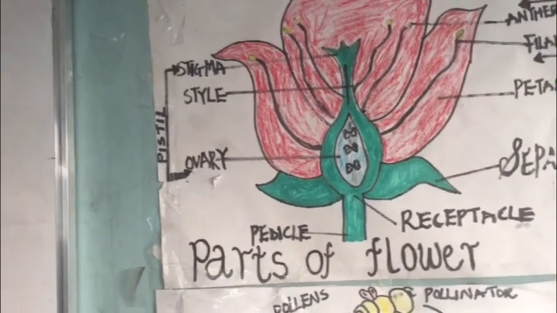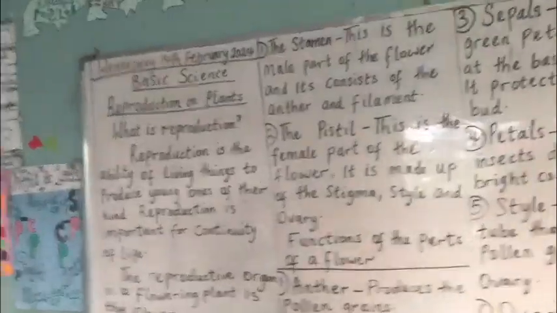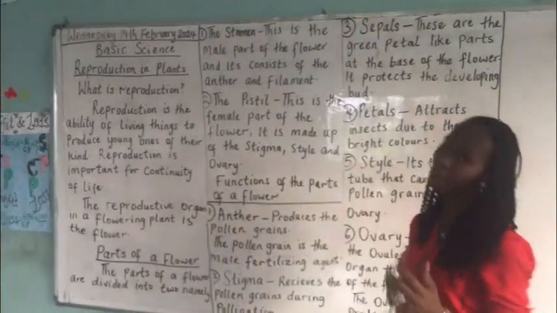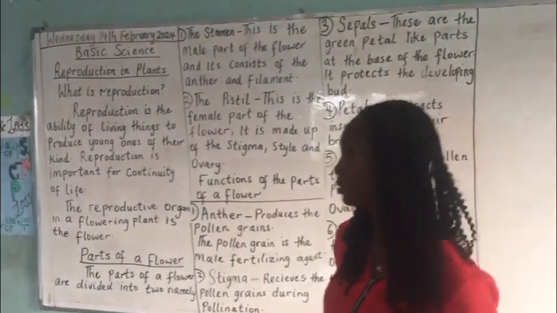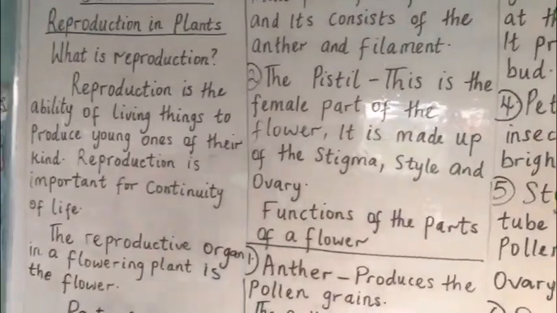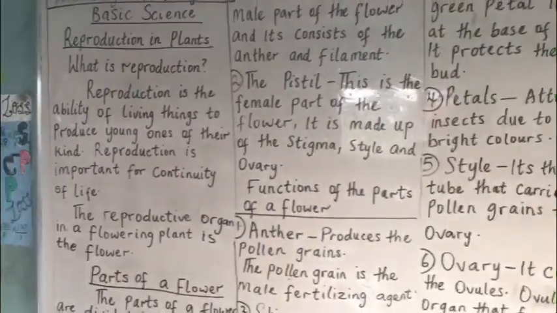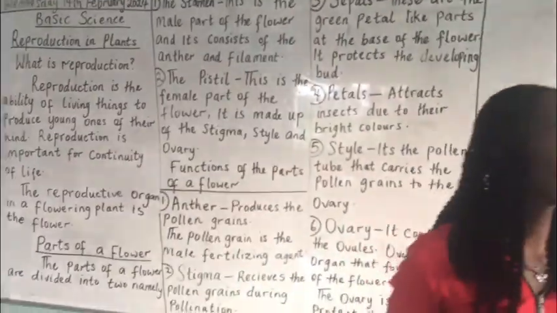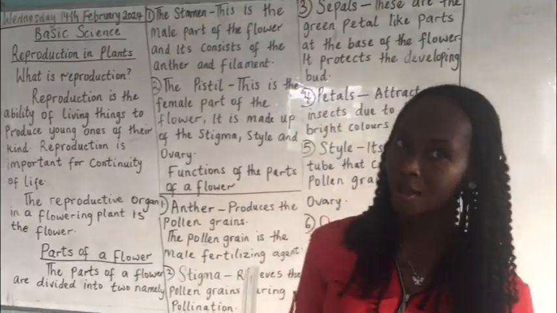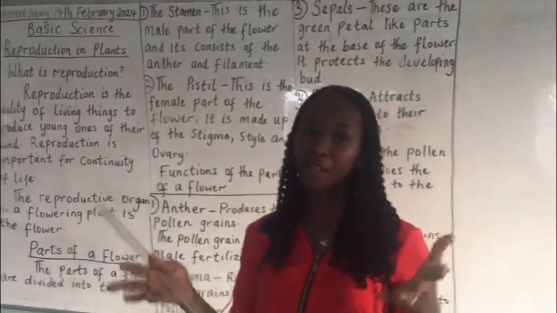Now let's take a recap. I said reproduction is the ability of living things to produce their young ones of their kind. I also said the reproductive organ of a flowering plant is the flower. We also went further to know the various parts of a flower.